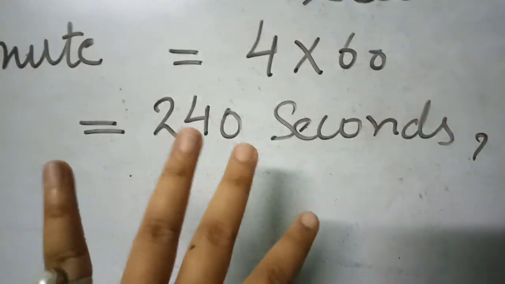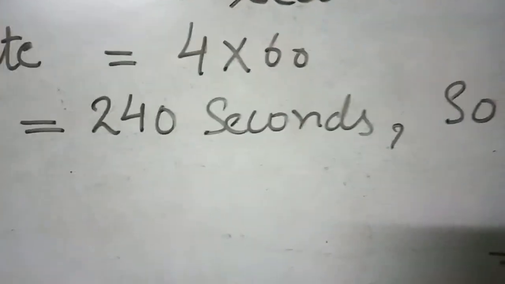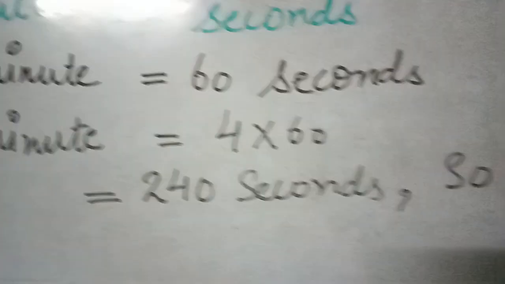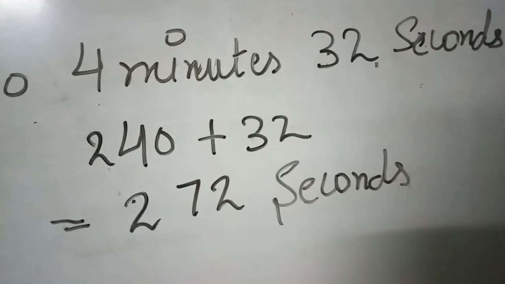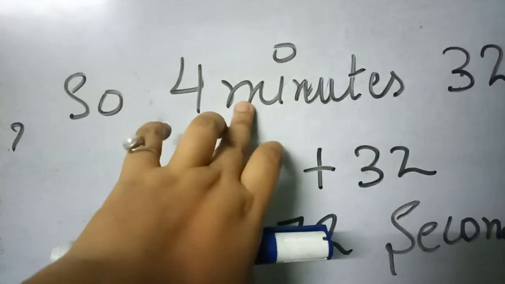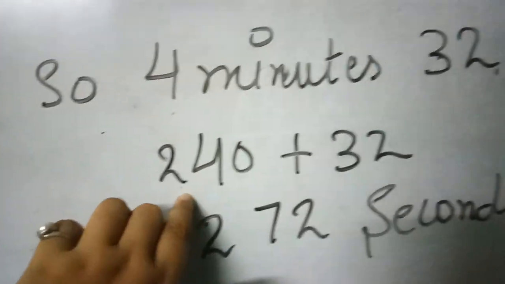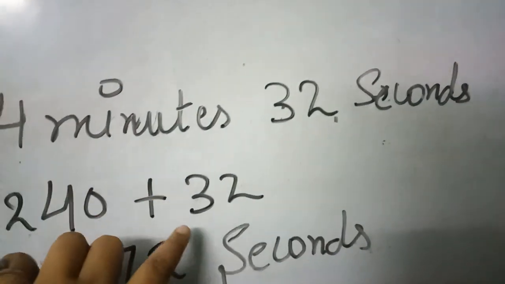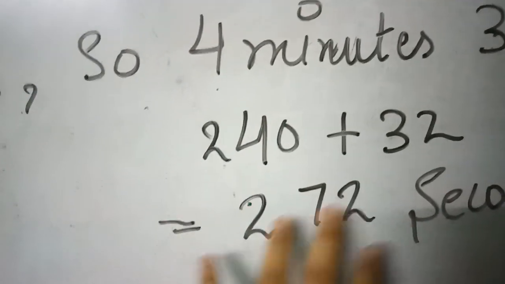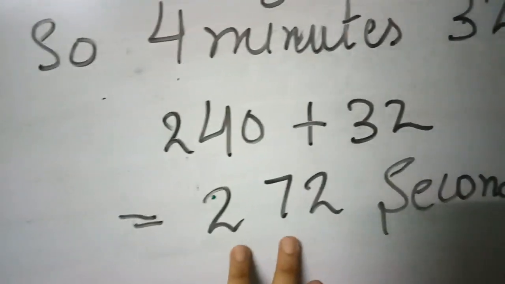Now 4 minutes are converted into seconds, 240, and 32 seconds we have, right? What we will do, we will add these. 240, which means converted minutes into seconds, and we have 32 seconds already, so 32 here, then we add it. When we add this, 272 seconds we have.